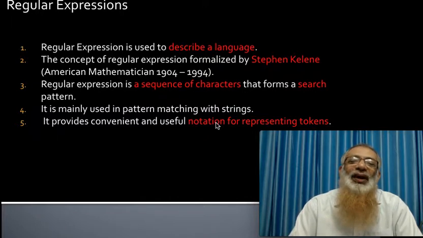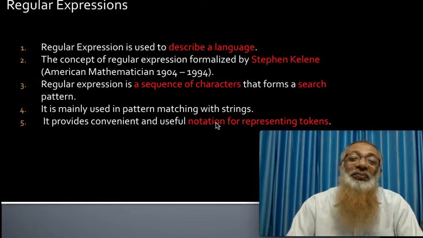This series of characters represents a search pattern. This search pattern can be used to categorize a lexeme as an instance of a token.